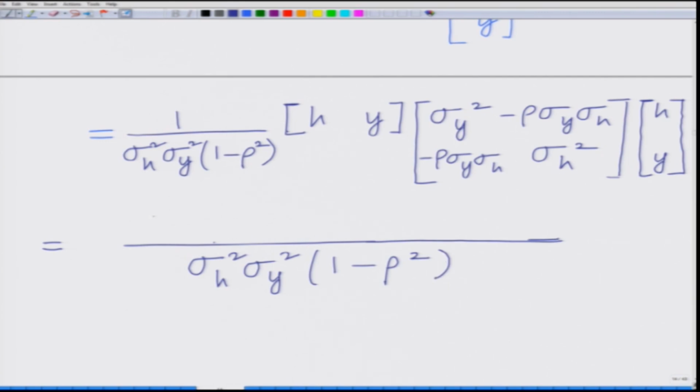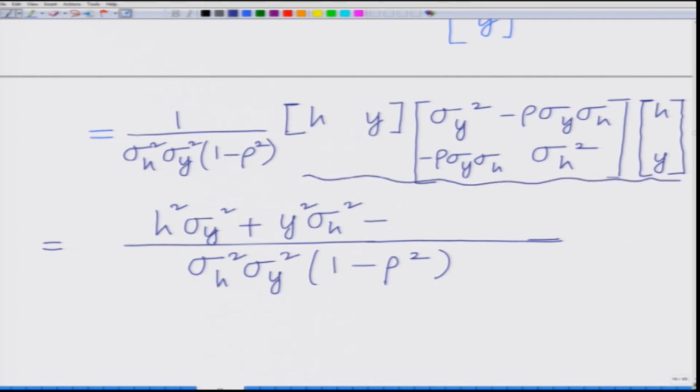In the numerator, I have h square sigma y square plus y square sigma h square minus 2 rho sigma h sigma y times h into y.